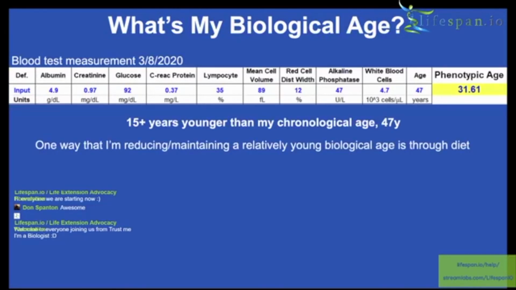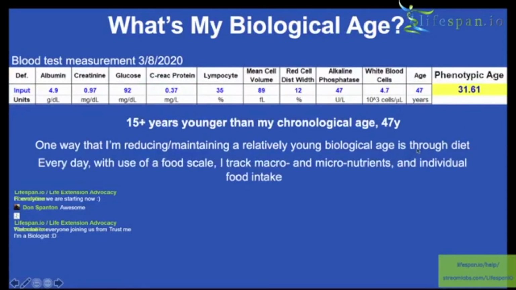So as I mentioned, one way that I'm reducing my biological age is through diet. So every day with a food scale, I weigh all my food and then I track that data using freely available online software. So I track everything, including macro and micronutrients. So protein, carbs, fat, and then vitamins, minerals, whatever the food tracking software can track.